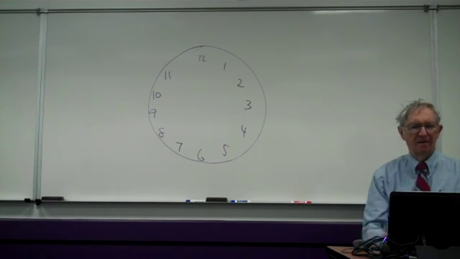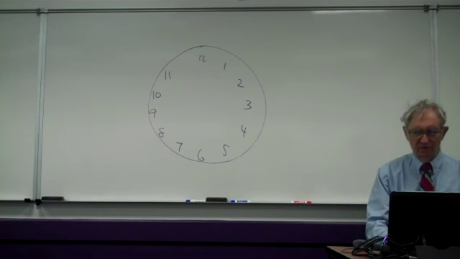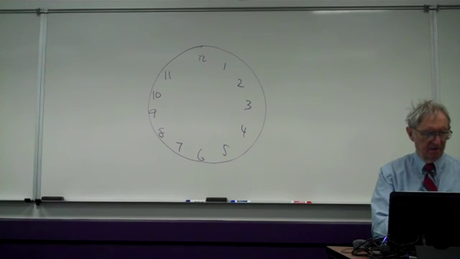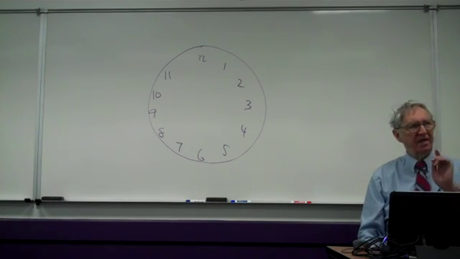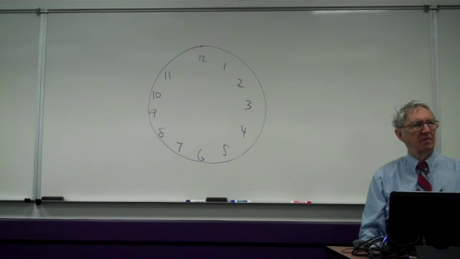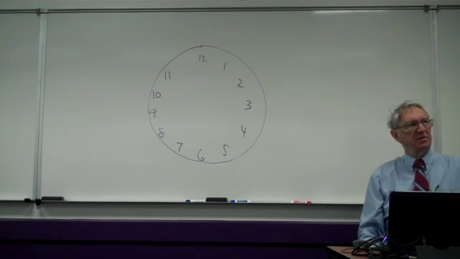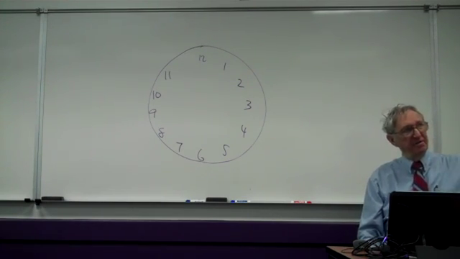Okay? Well, if you look at the second hand, each second, the hand moves 6 degrees. The second hand moves 6 degrees every second. The reason is that in 1 minute it has to go 360 degrees.